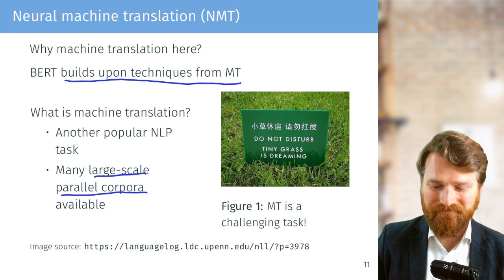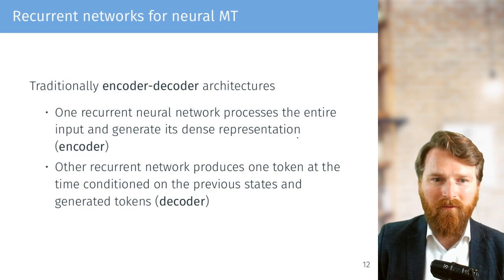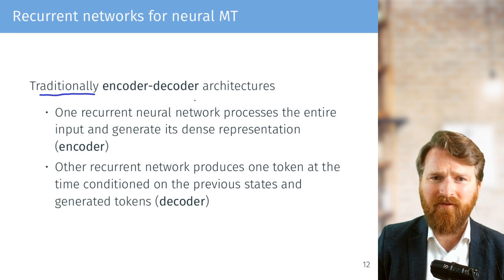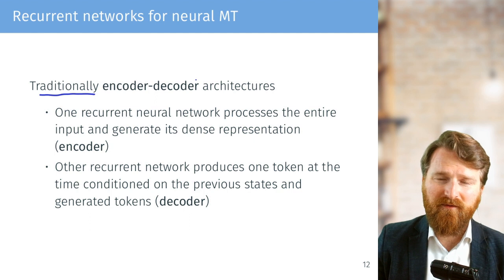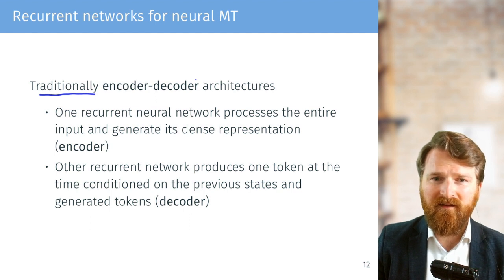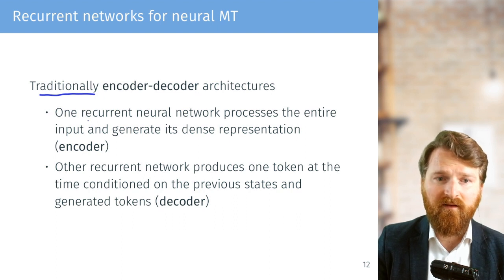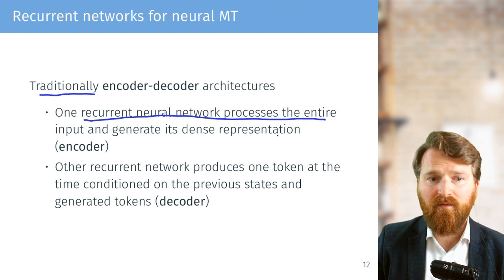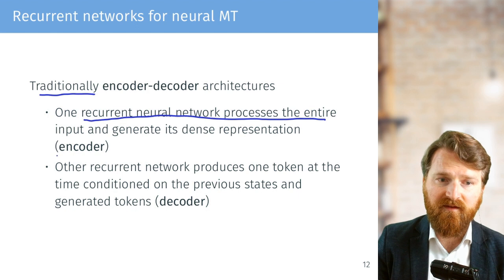It's not easy. So how does the traditional approach to neural machine translation look? Well, up until 2017, let's say, it was the encoder-decoder architecture. So there was one recurrent neural network that takes the input and generates some sort of dense representation. This is called the encoder.